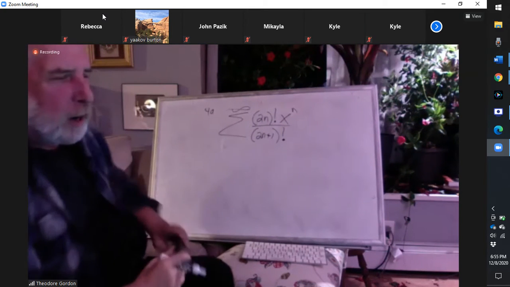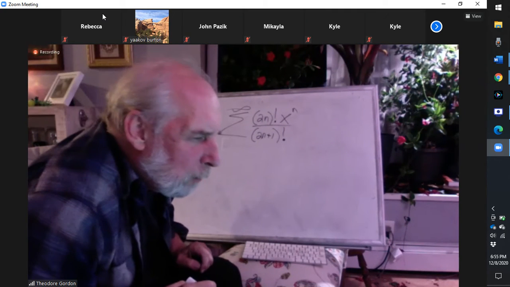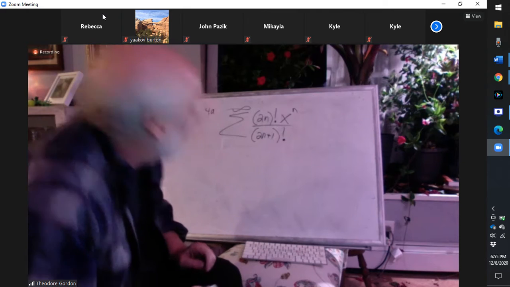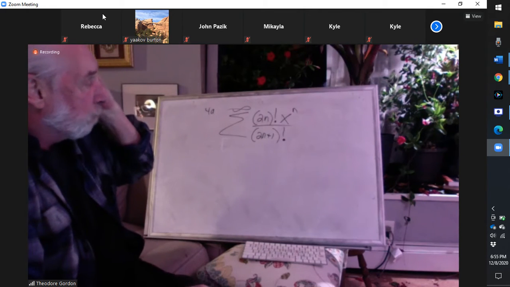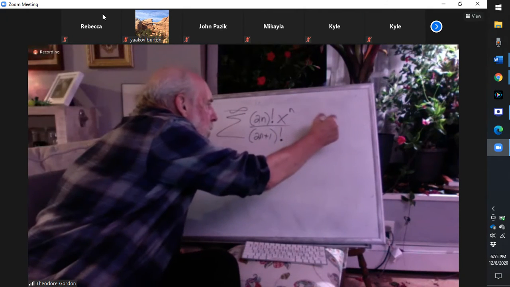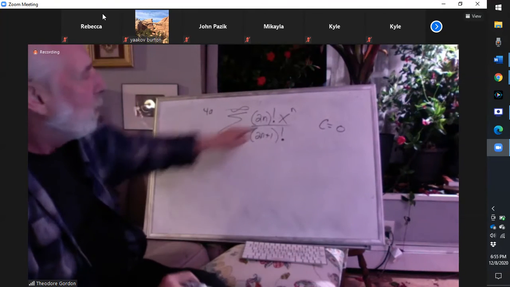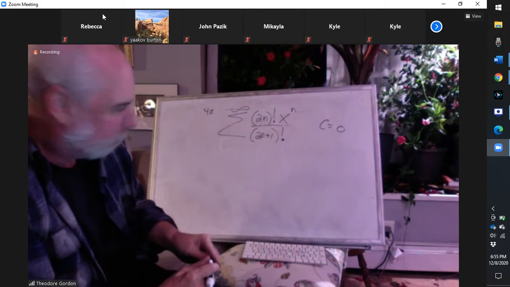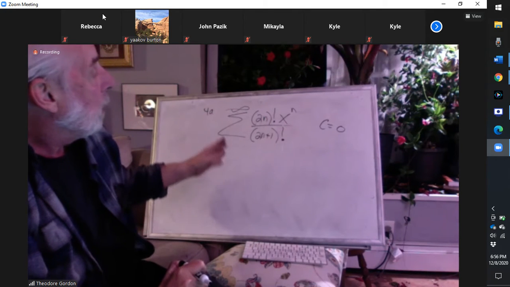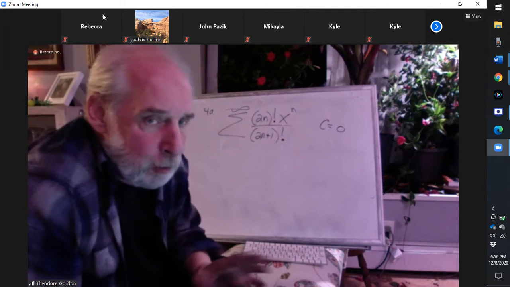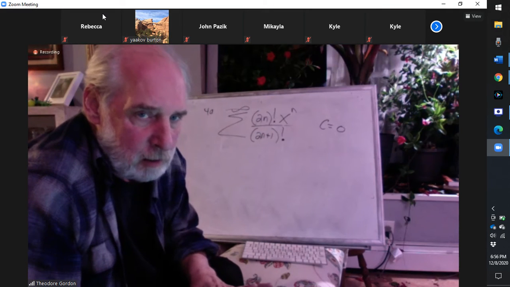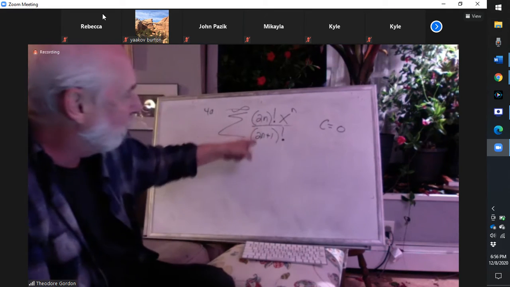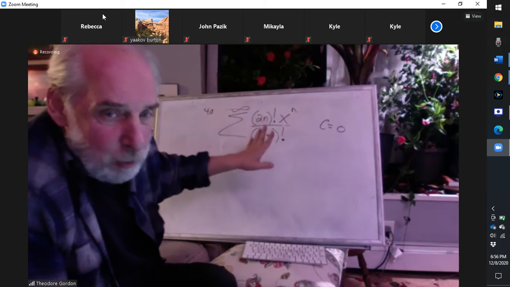Okay, so there we are. Did I do that right? Yes, I did. Now in here, the center is 0 because that's x plus 0. So the center of this is 0. Before we even do the ratio test, we can simplify this, and this is a different way to do it.